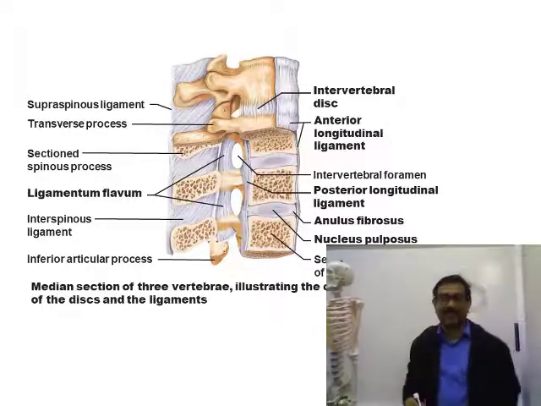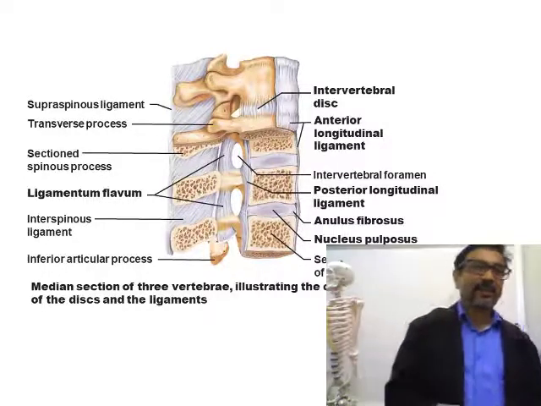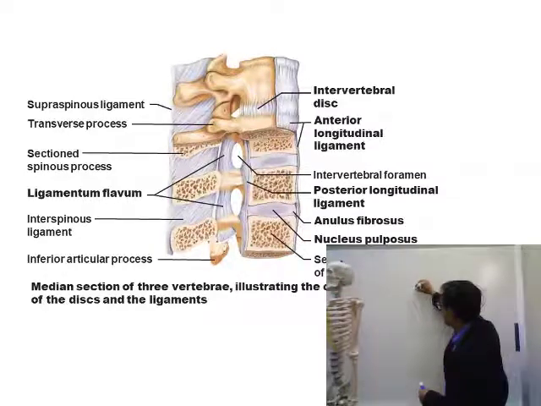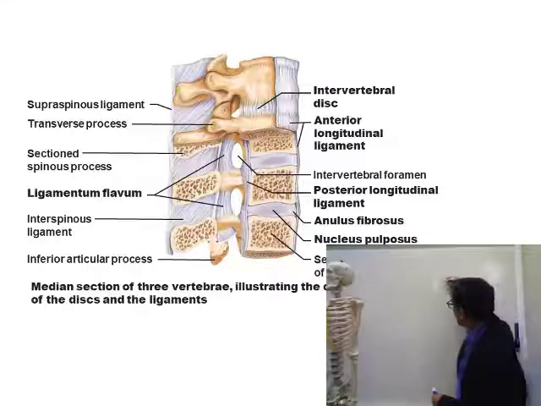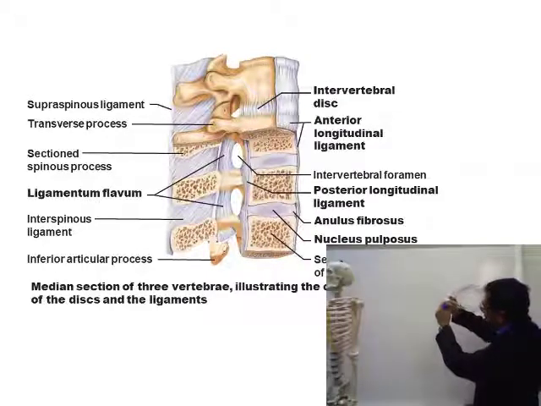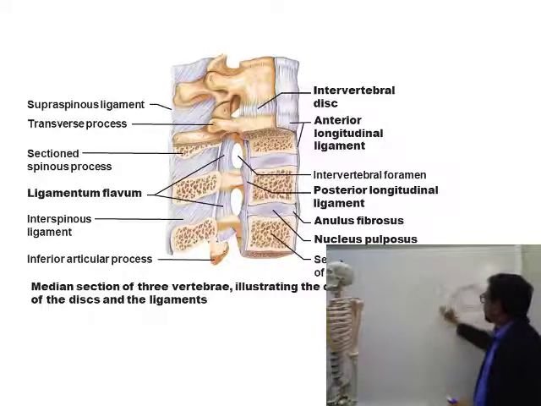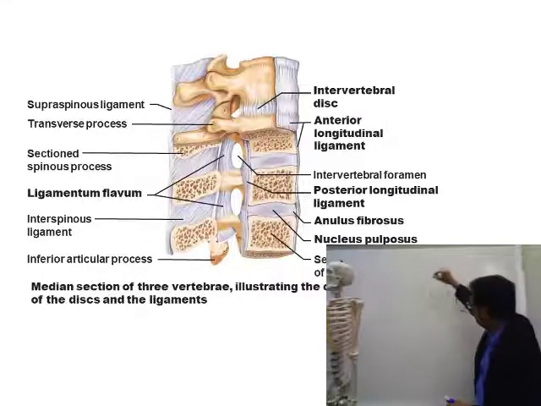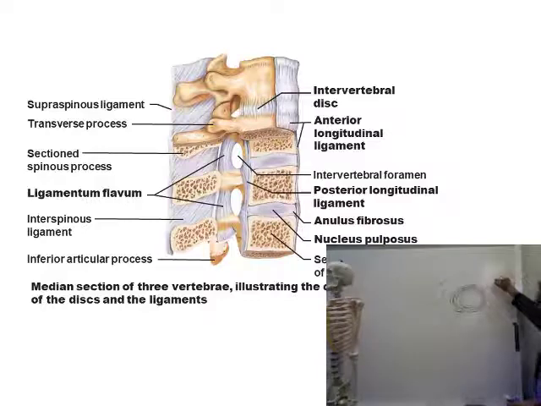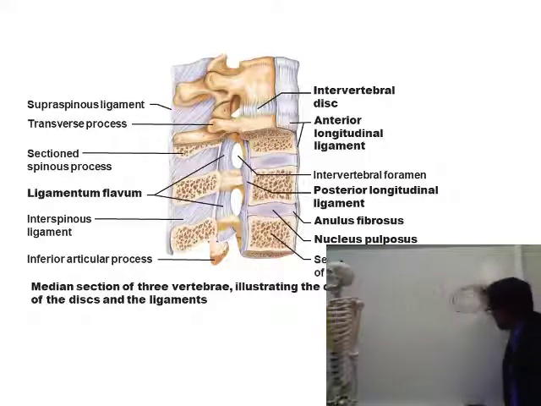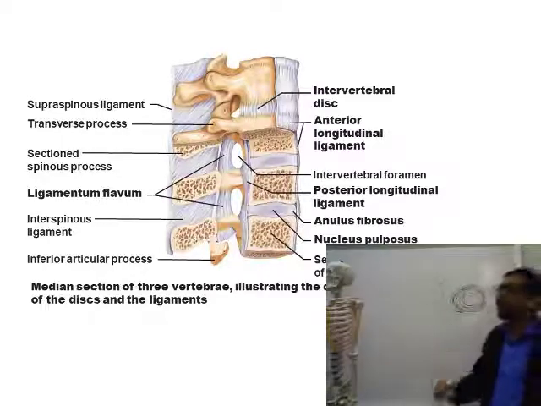annulus fibrosus. Annular part, you know, if you see something round, like a ring, right? Finger ring in your finger. This outer part is called the annular part, and inner part is the nuclear part. Okay, so annulus means around. So this part is called annulus fibrosus because of a lot of fibers, and inner part is rather soft, jelly-like structure, and that is called nucleus pulposus.